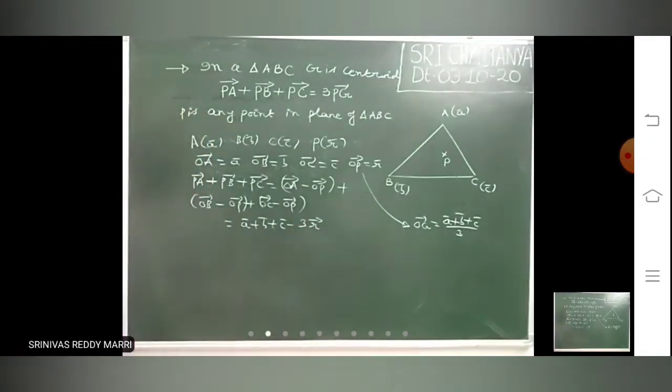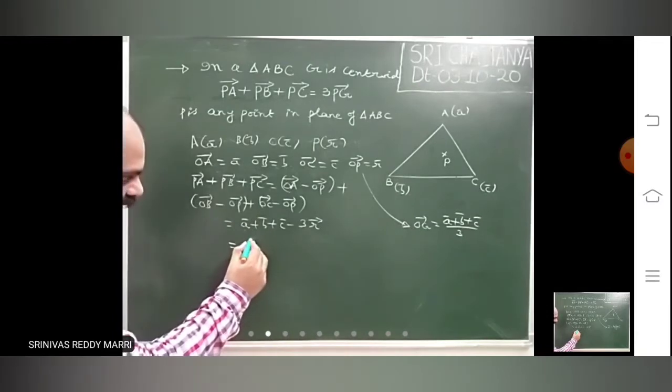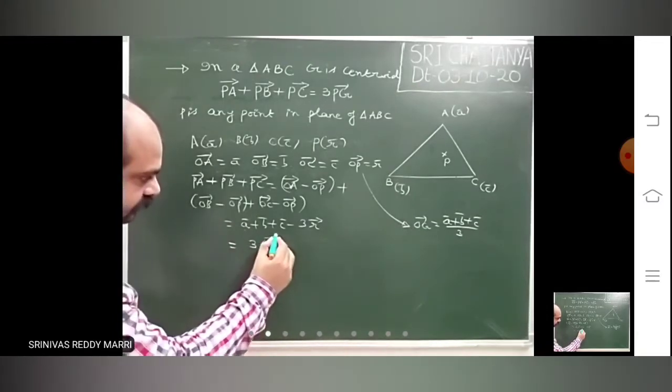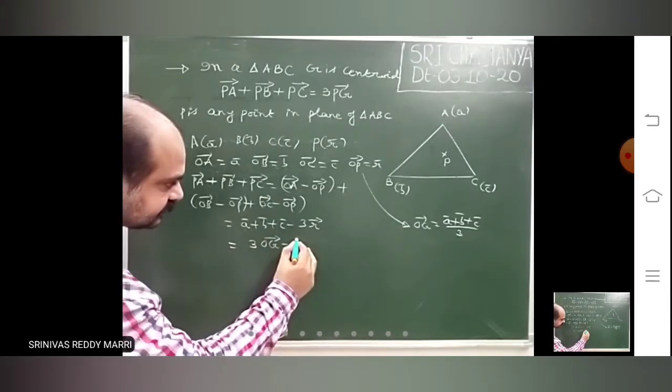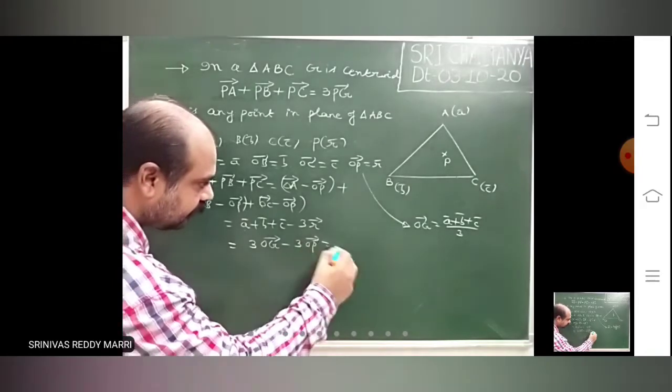A bar plus B bar plus C bar is nothing but 3OG bar. 3OG bar minus 3R bar means OP bar.